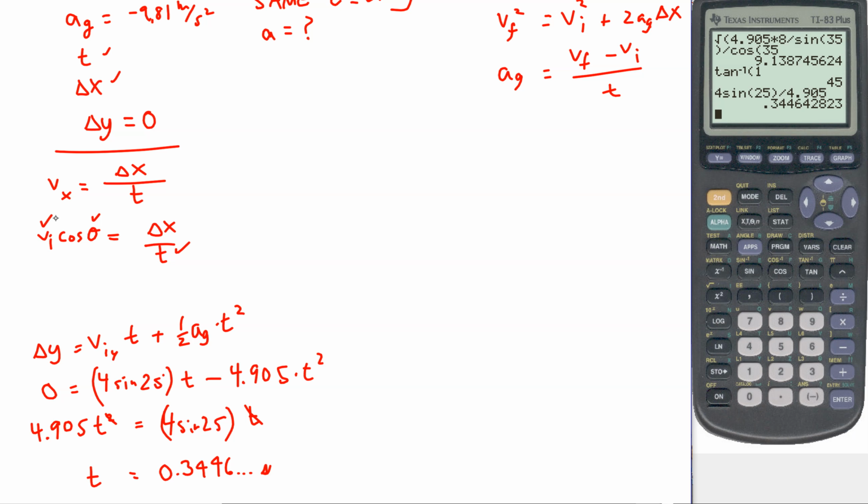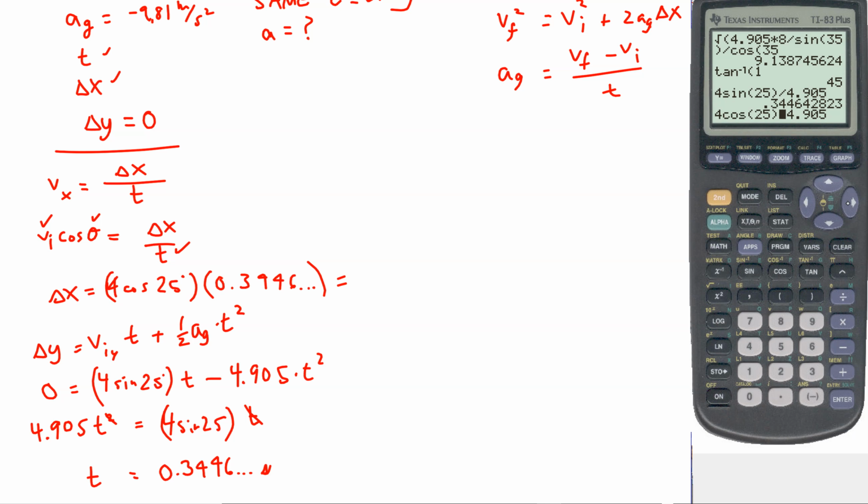I'm going to cross multiply, so what's that going to be? I should show my work. That's what you have to do. Vi is 4 times cosine of, what's theta? 25. Multiplied by t was 0.3446. You've got to show this, even though you could just plug straight into the calculator. Show this work. Watch this. Second enter. And then I change that from sine to cosine.